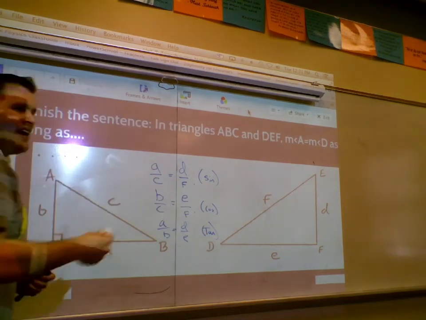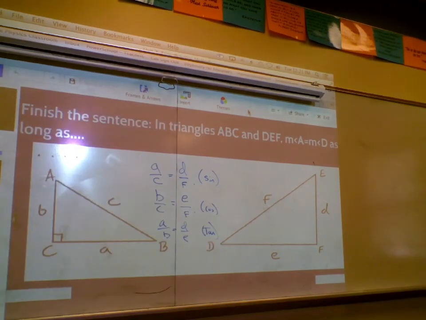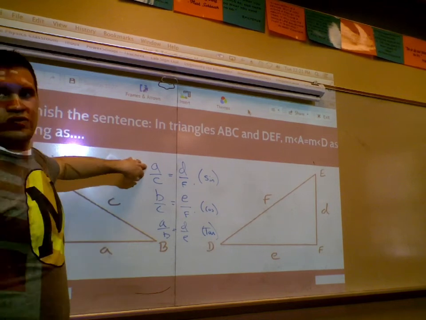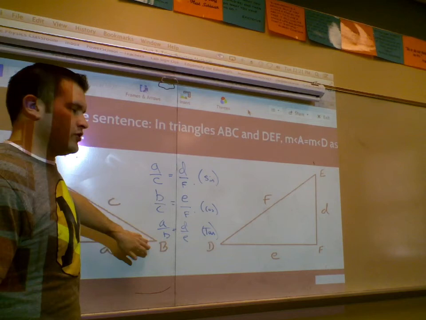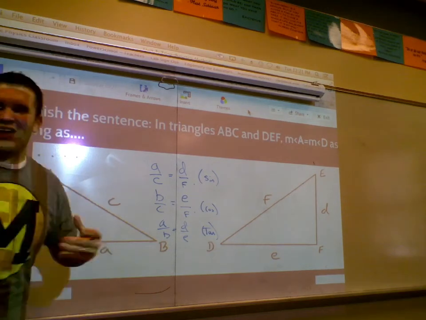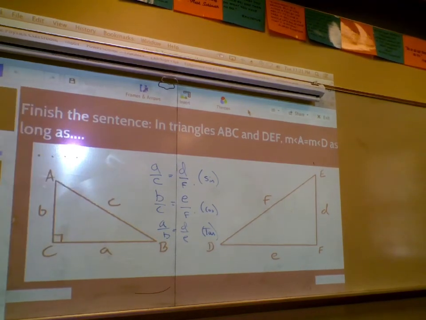So, if any one of these ratios are equal, then what do we know about A and D? They're equal. If any one of those ratios are equal, then A equals D. And it actually follows that if the sine ratios work, so will cosine and tangent. If tangent works, so will cosine and sine. If any of those are equal, A and D are equal.